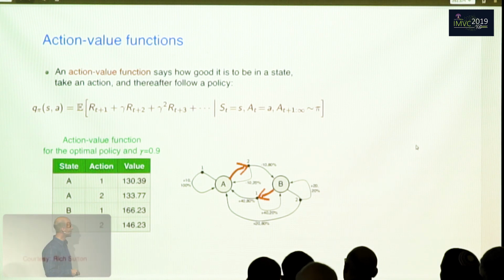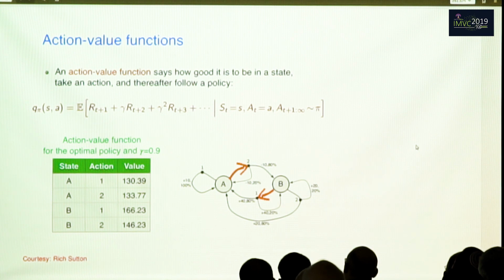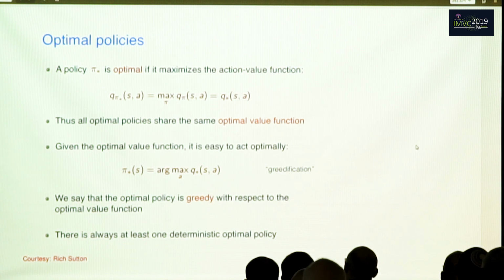On the bottom left, we see an example of an action value function. For every combination of state and action in this small two-state MDP, there is some value, which is the expected long-term sum of rewards. Just by looking at that, we can immediately see that when the agent is in state A, it's better to take action 2 because it has higher value than action 1. And when it is in state B, it's better to take action 1.